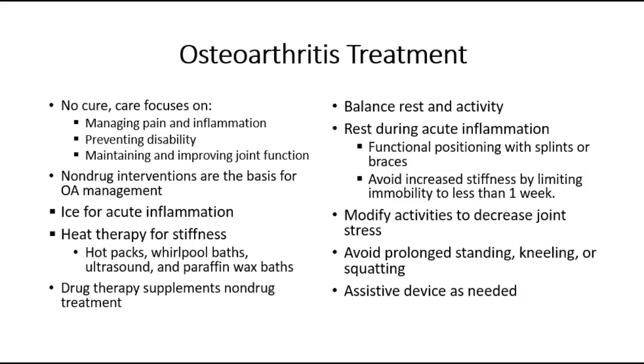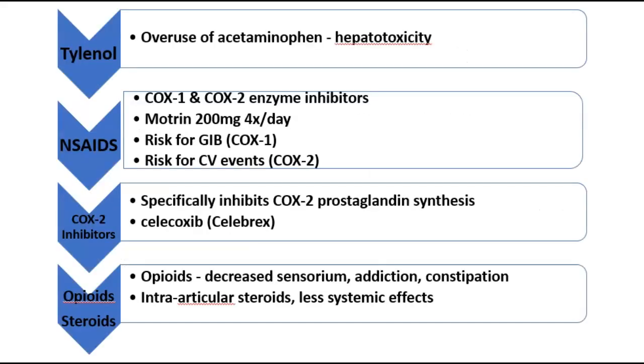And I guess we'll start to talk about the medications. So Tylenol for mild signs and symptoms, not to exceed 3 grams daily. Topical drugs, things like capsaicin, would be used.